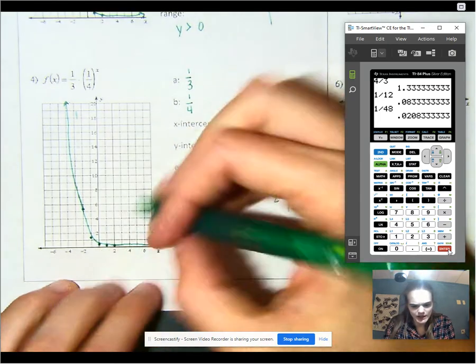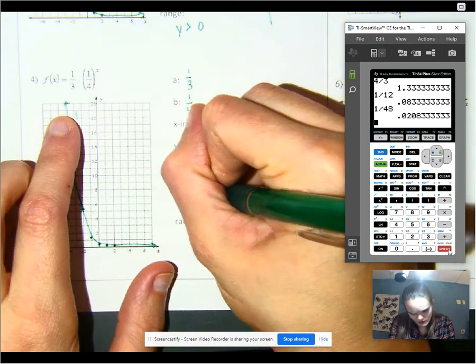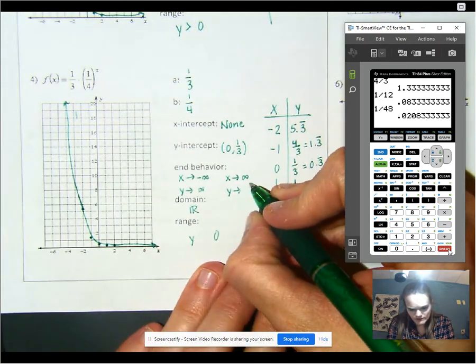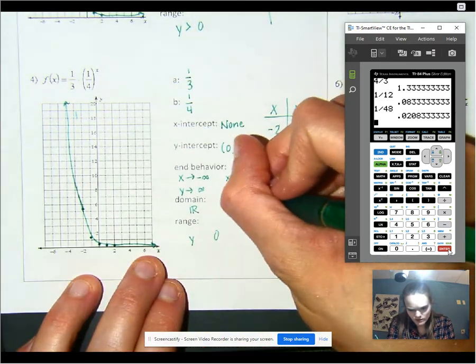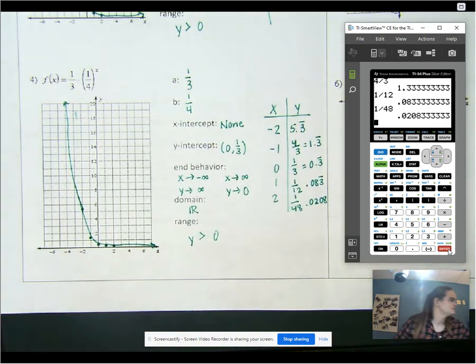Okay, in behavior, when x goes towards negative infinity, y is going towards positive infinity. When x goes towards infinity, y is going towards 0. And the range is y is greater than 0. Okay, last two, 5 and 6.